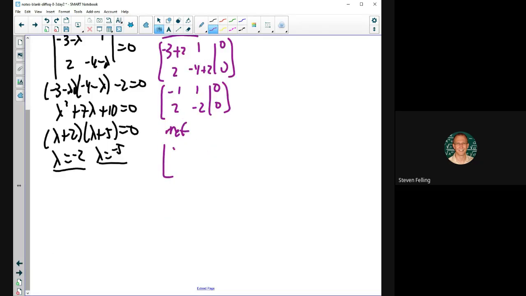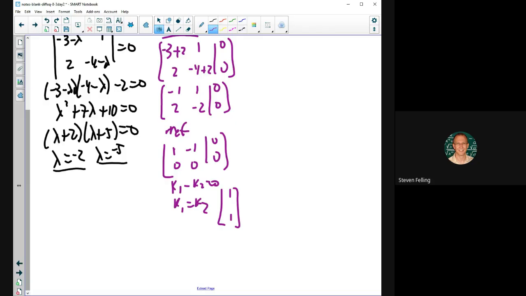So that turns out to be 1, 0, -1, 0, 0, 0. So we end up getting that 1 times k1 minus k2 equals 0, or k1 equals k2. So the simplest vector we can use is 1, 1.